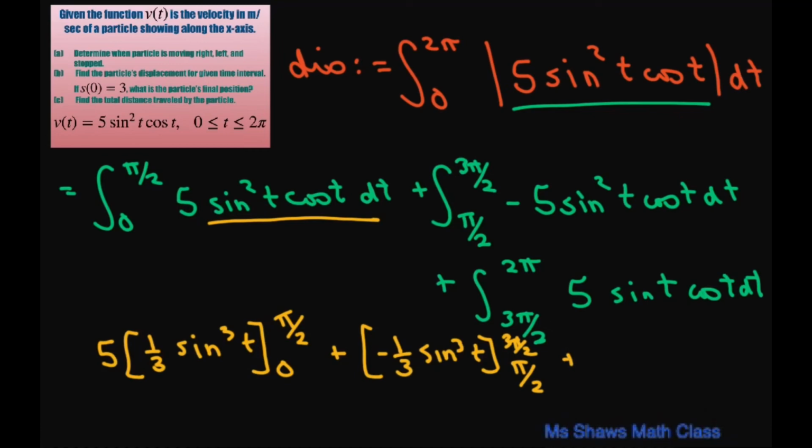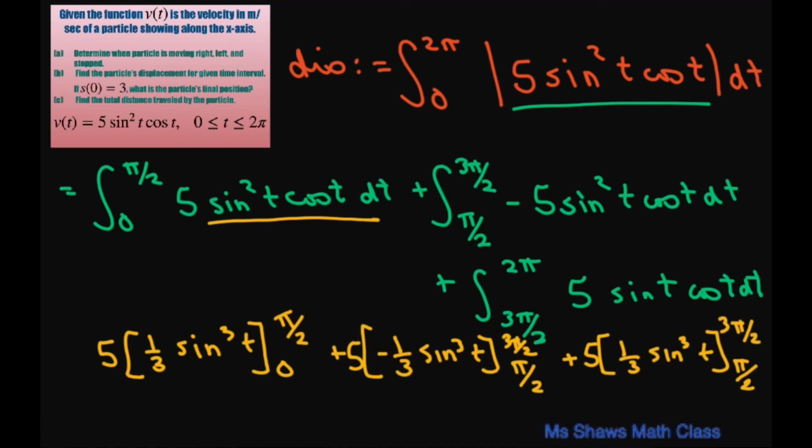And then we have plus, I forgot the 5, so let me put the 5 out front, 1/3 sine cubed of t, evaluating this from 3 pi divided by 2 to 2 pi.